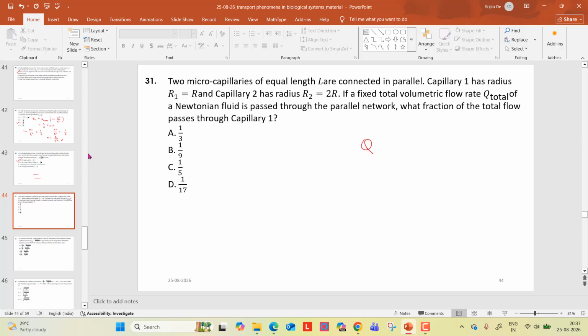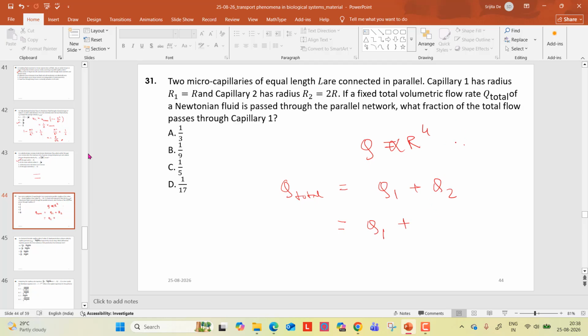So we know that Q is proportional to R to the power 4. For the first case, what fraction of the total flow rate passes through the capillary 1? Q total is Q1 plus Q2. Q1 is for capillary 1. Second one is 2 to the power 4.